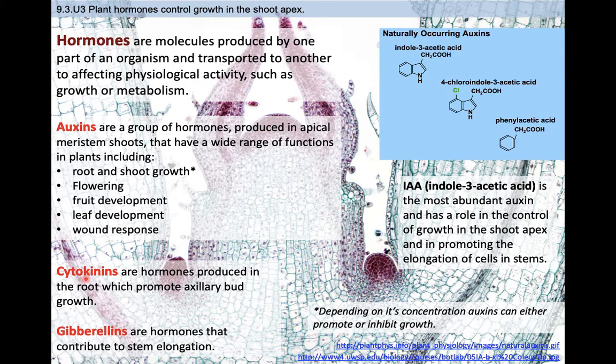And as you can imagine, cytokinins are going to promote cytokinesis and cell division. There are gibberellins, hormones that contribute to cell elongation, and we're also going to learn about this when we talk about germination. And lastly, we have IAA, also known as indole acetic acid, and it's going to play a role in cell elongation, but also in the opening and closing of stomata.